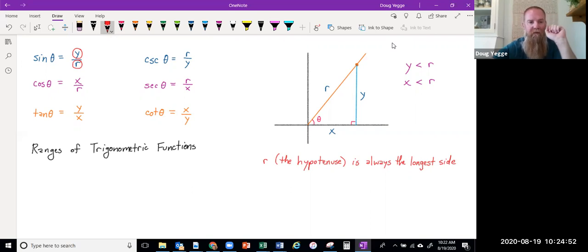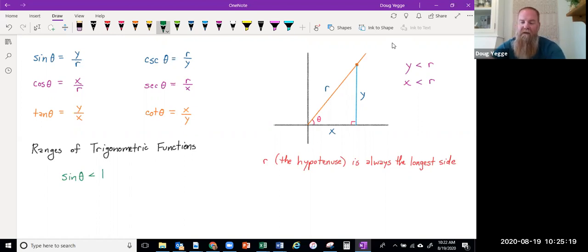And likewise here with cosine theta, if X is always less than R, then the numerator is always less than the denominator, which means this fraction is always less than 1 as well. So that's something really important to recognize, because that implies that sine theta is automatically less than 1.